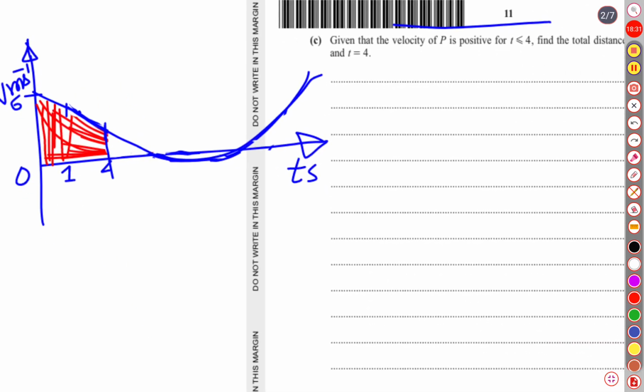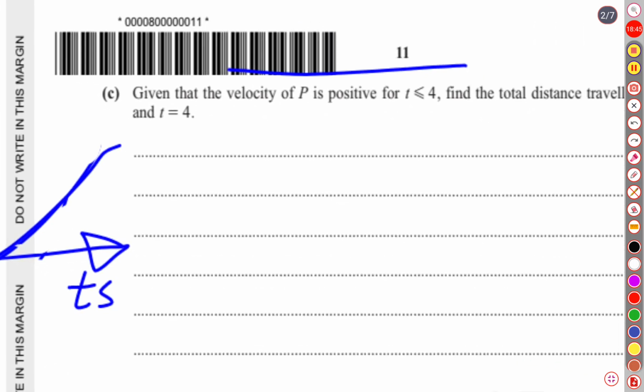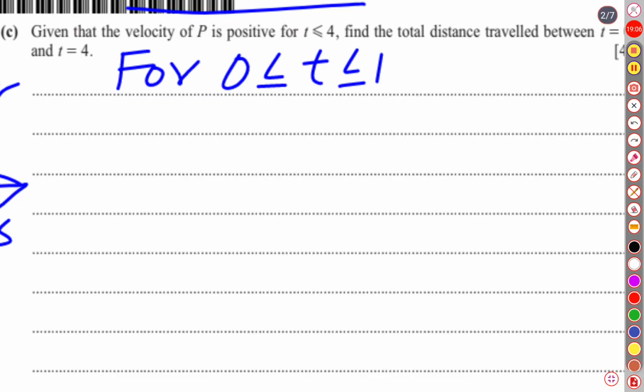Distance is the integration of velocity, you know it, integration of velocity. So let us integrate the first expression of velocity. What will we write? Yes, for the first phase, from 0 until first second, displacement or distance, whatever you call it.